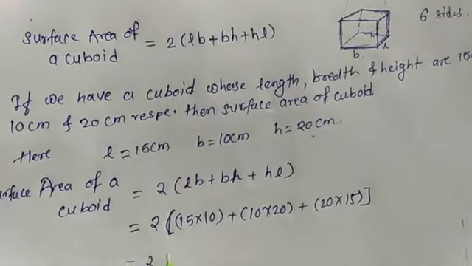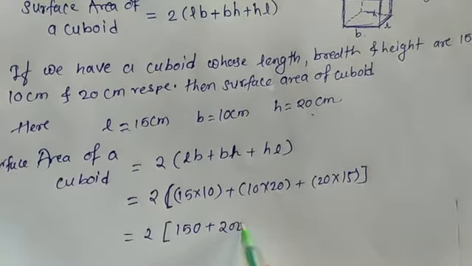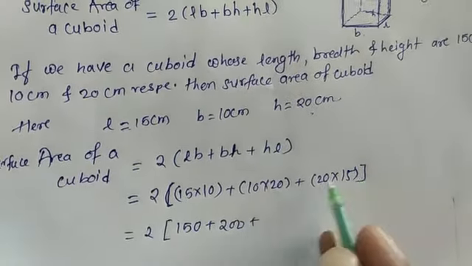Which gives us 2 into bracket 150 plus 200 plus 300, which is 2 into 650, equal to 1300 centimeter square, because here we are finding the area, and the area unit is a unit square.